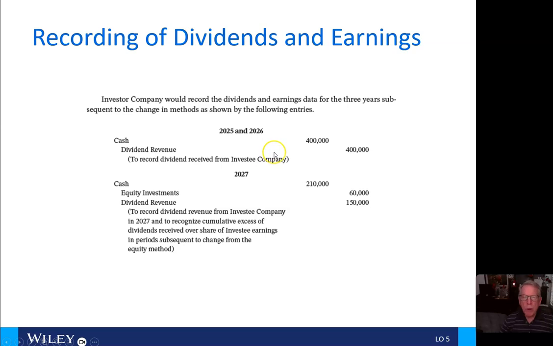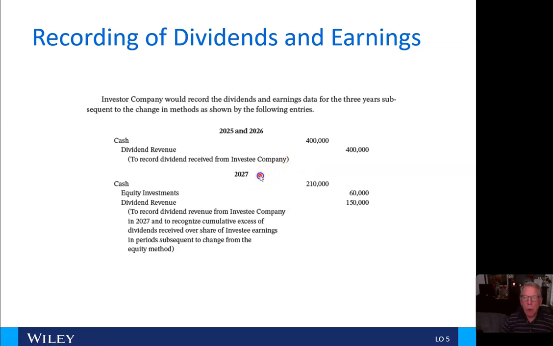So we would record the dividends and earnings data for investor company for the 3 years subsequent to the change in method as shown by these entries. In 2025 and 2026, we debit cash for 400,000 and credit dividend revenue for 400,000. That's to record the dividend received from investee company.